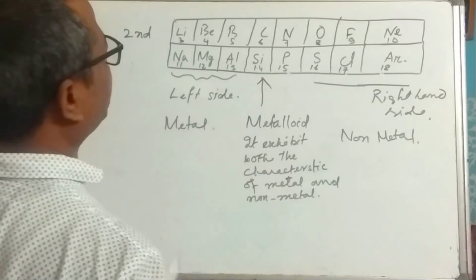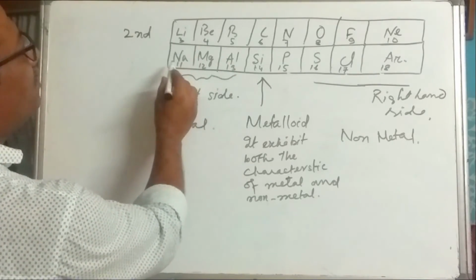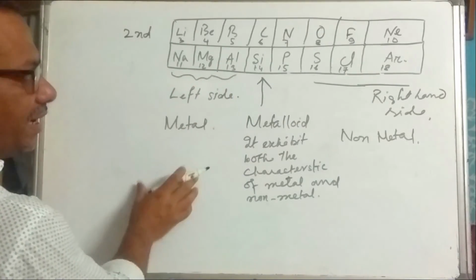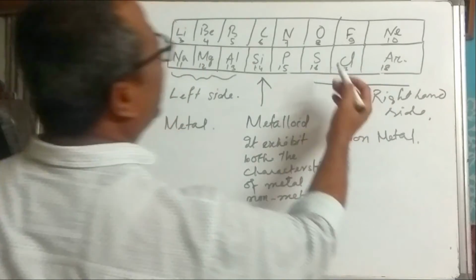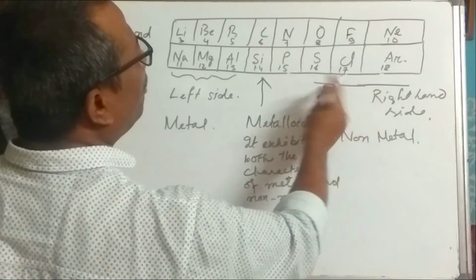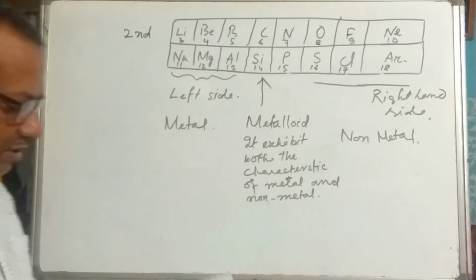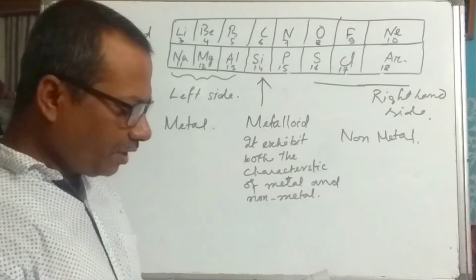It shows both characteristics. But towards the left side of the periodic table, sodium, magnesium, aluminum are metal, and on the right hand side, oxygen, fluorine, neon, sulfur, chlorine, all these are non-metal. In the middle, the metalloids are present.